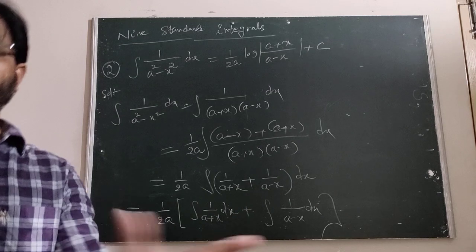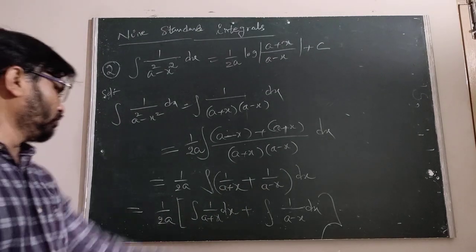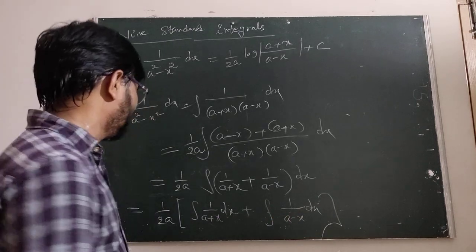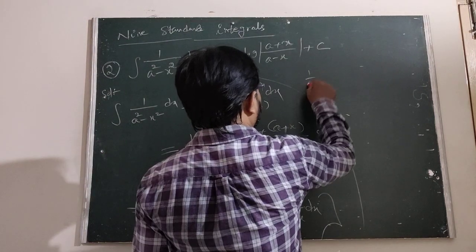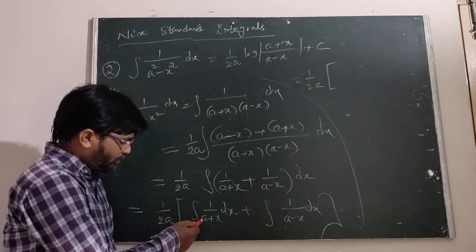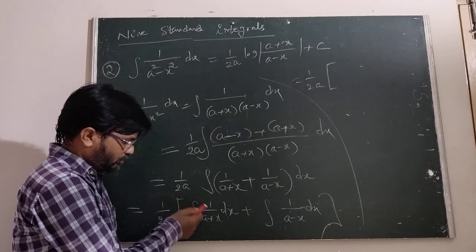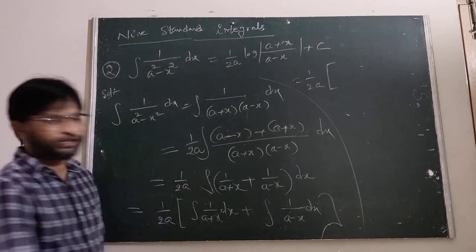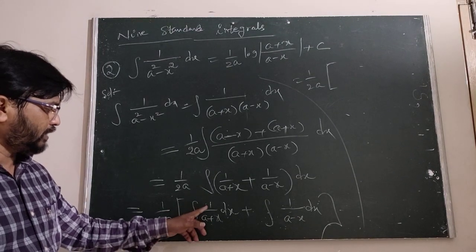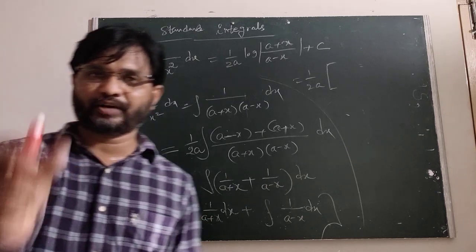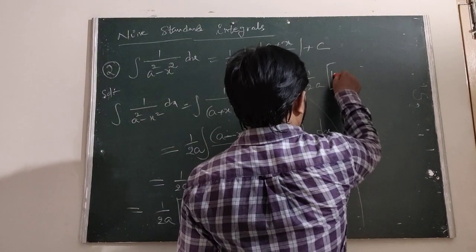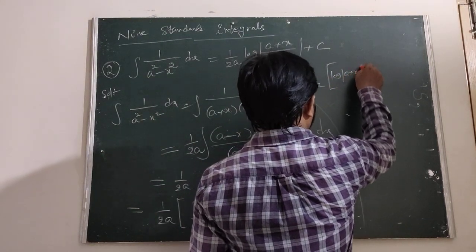We have to take the integrals separately. The derivative of x is 1. This we have to compare with f dash of x by f of x. When it is f dash of x by f of x, the formula gives log mod of f of x, that is, log mod of a plus x.